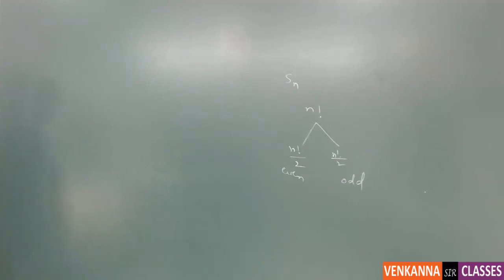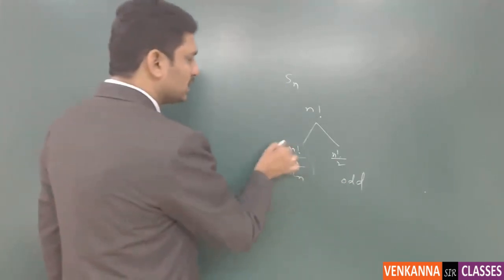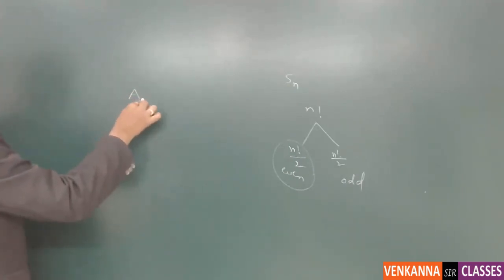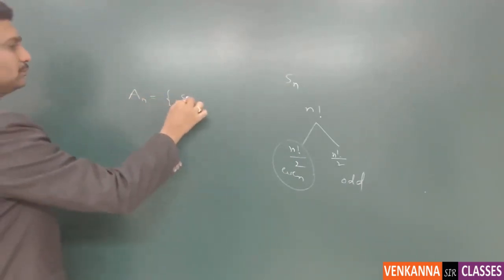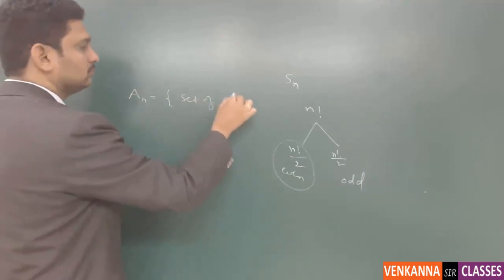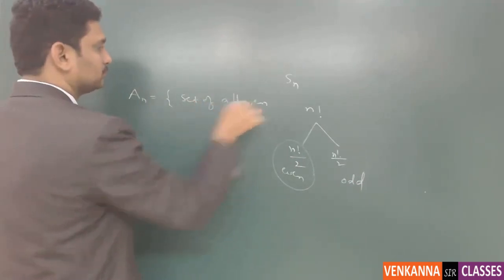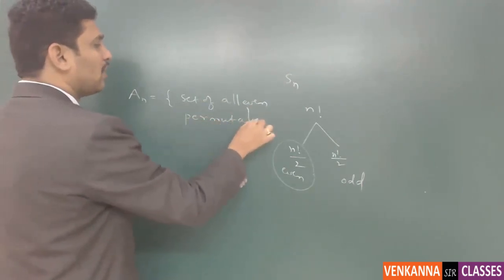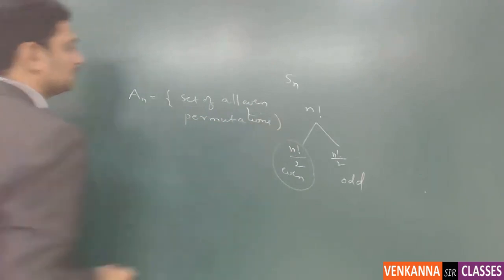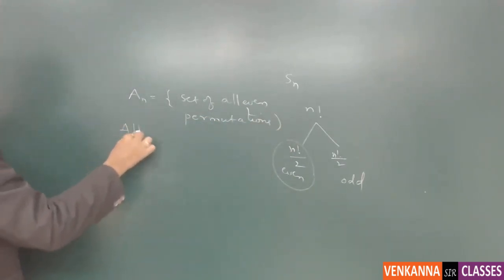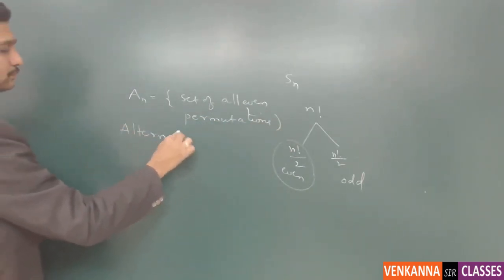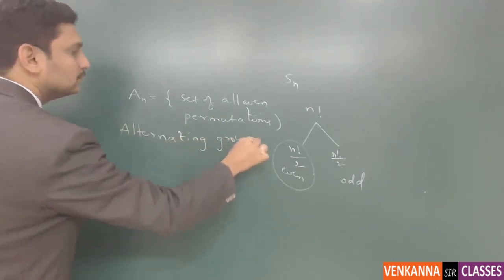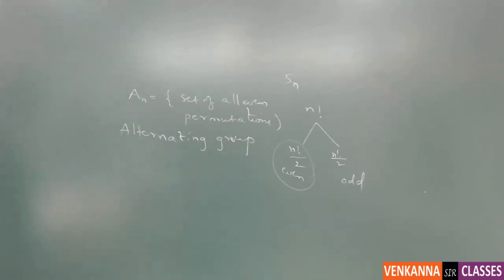If you consider the set of all even permutations, we denote it with the symbol An, and we call this set the alternating group An.